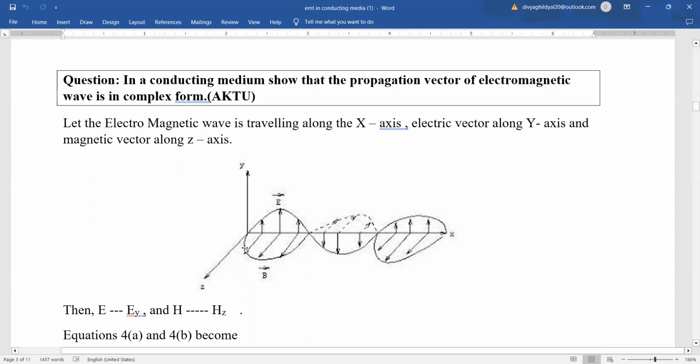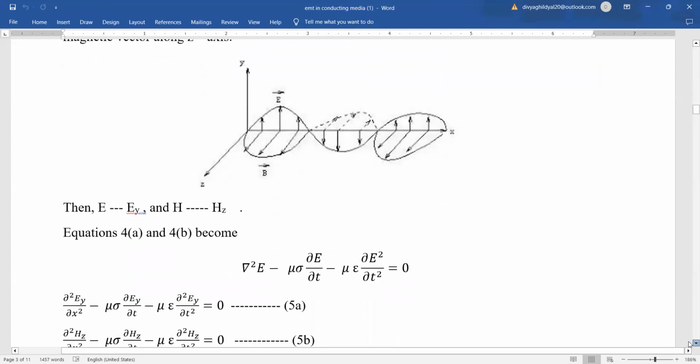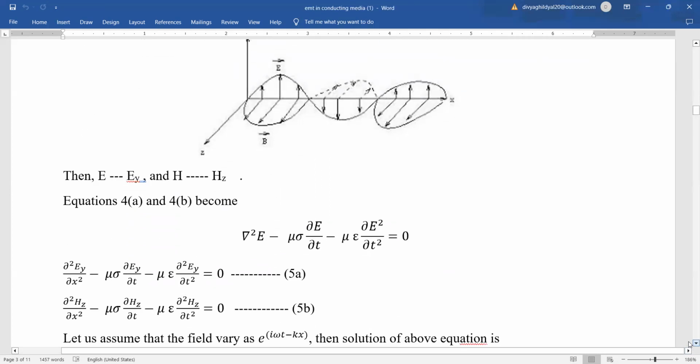So what do we do? We assume an EM wave traveling along the x-axis, with the electric vector along the y-axis and the magnetic vector along the z-axis. The two, E and B, are perpendicular to each other.